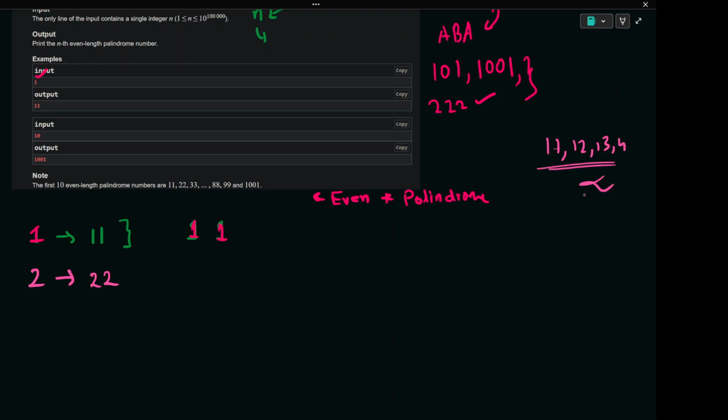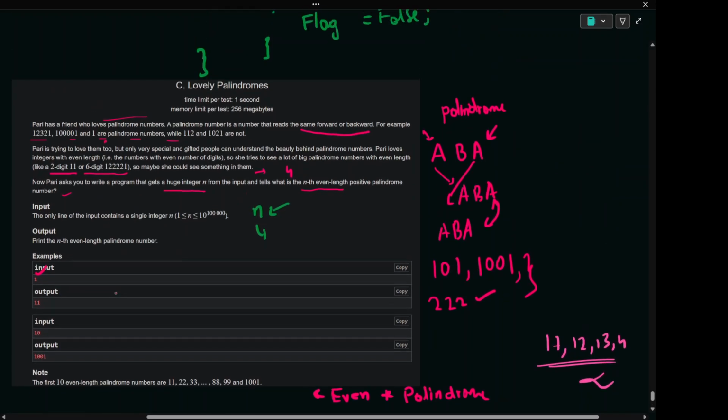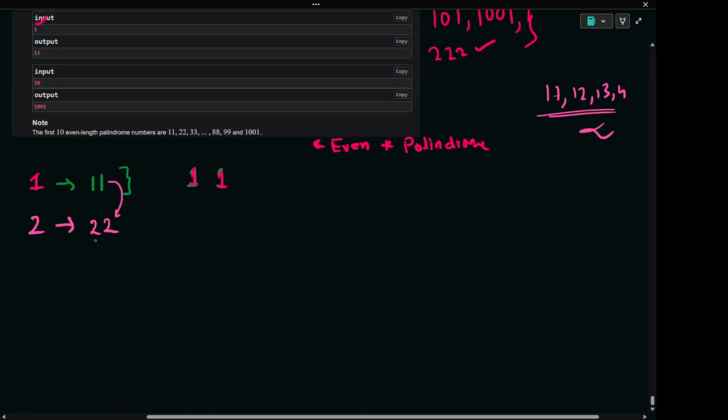No, it is not a palindrome. The first number after 11 which is a palindrome is 22. And it is the second palindrome number according to our condition of even length. 22 is of length 2, right?